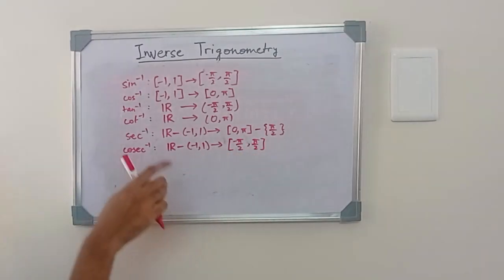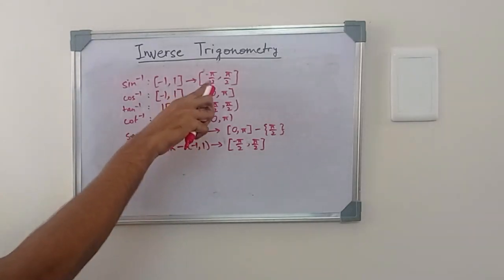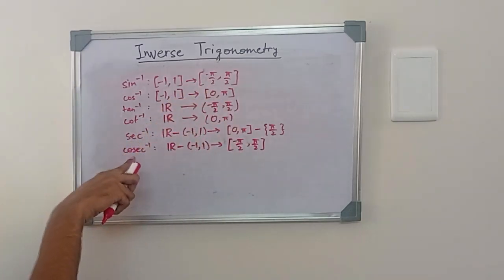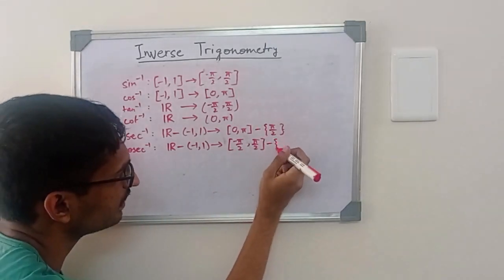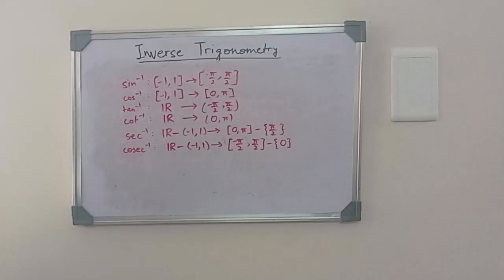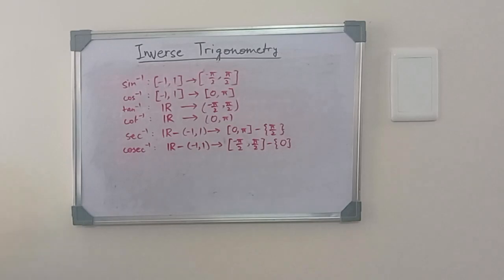But then again, notice that the sine function is equal to 0 when you pass 0 as the argument. Sine of 0 is 0. So cosecant of 0 is not defined, so we need to exclude this point from the range. So these are the domains and ranges of all the inverse trigonometric functions which we had defined.